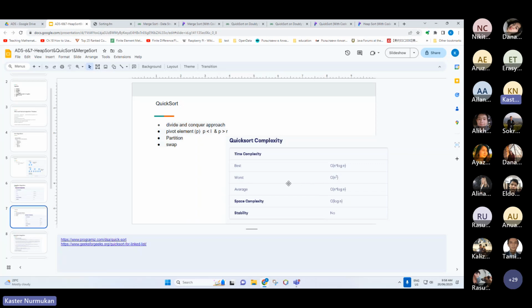It's scary. But the space complexity is log n. This one is not better than Heapsort; Heapsort is better than that one, right? Okay, that's how it looks from the time and space complexity perspective.